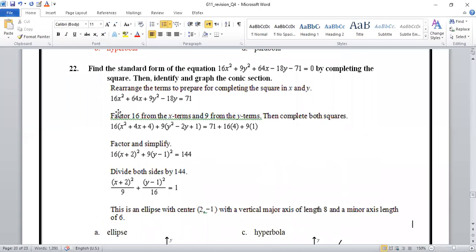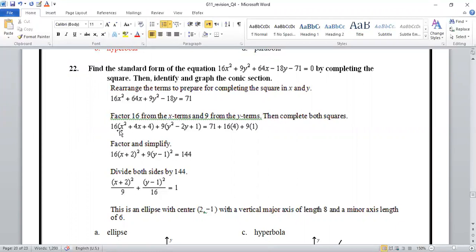First, we will rearrange the terms to prepare for completing the square in x and y. Put x's together: 16x² + 64x + 9y² - 18y = 71. Factor 16 from the x terms and 9 from the y terms, then complete both squares.